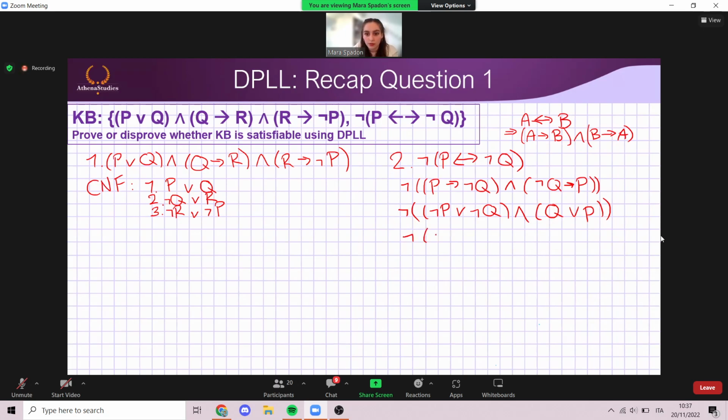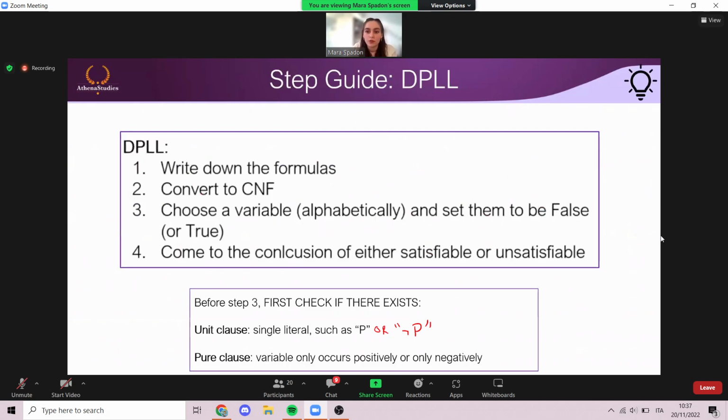So we get not, and then this entire thing, or flips around. So then again, we move the negations inward. So we get P and Q. This one stays the same, and we get not Q and not P.